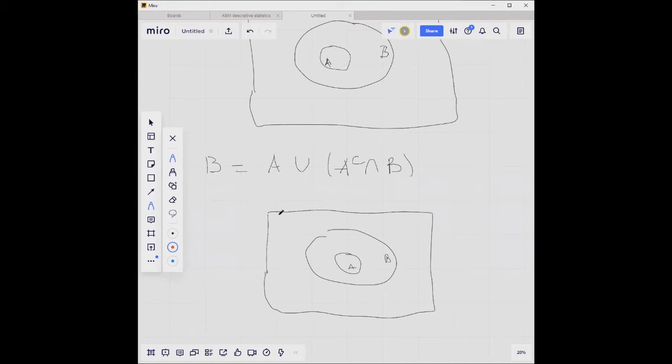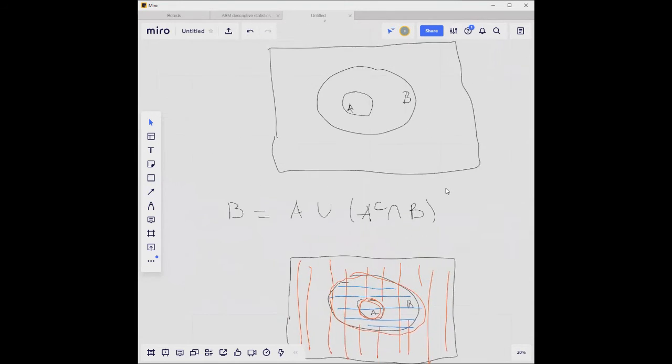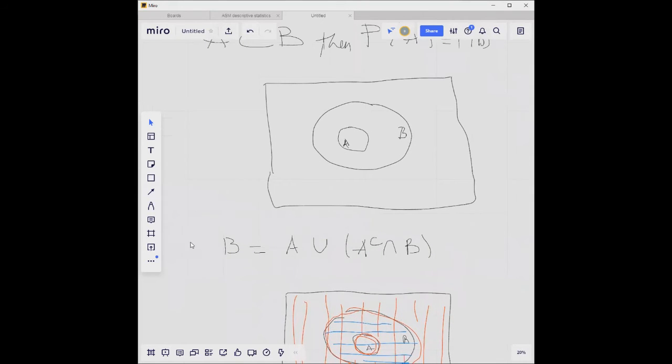A complement is everything that is outside of A. And let's take a look at B. B I will color in blue, horizontal lines. Now, the intersection of A complement and B is the region where we have both vertical red and horizontal blue lines. So this is everything that is inside of B but outside of A. Okay, great. So B can be defined as the union of those two.